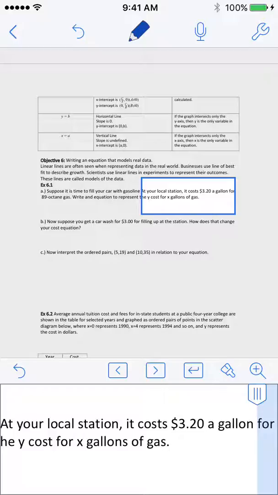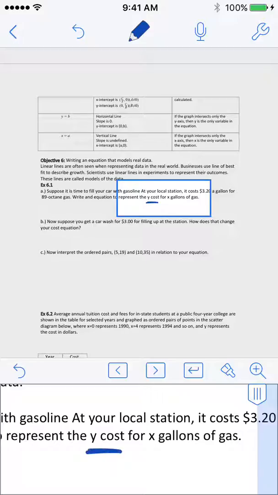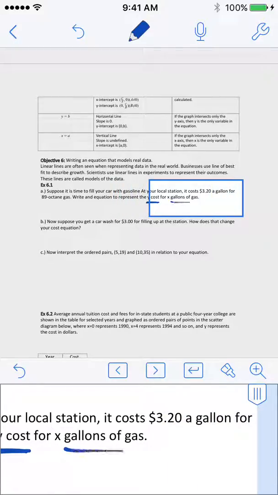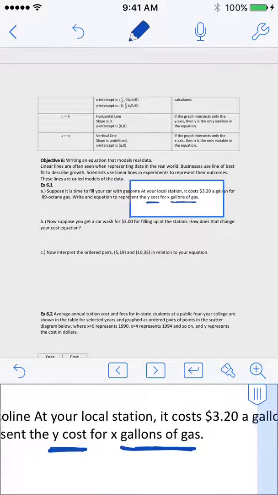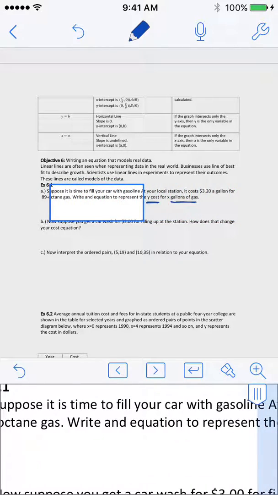Well, you're actually thinking in terms of a linear equation. You need the cost for some gallons of gas, at $3.20 a gallon. So how can we set up an equation? I have this $3.20, and if I want to find out how much I'm actually paying, I'm going to multiply that by how many gallons I put in.